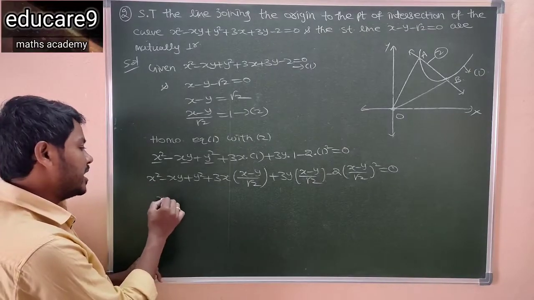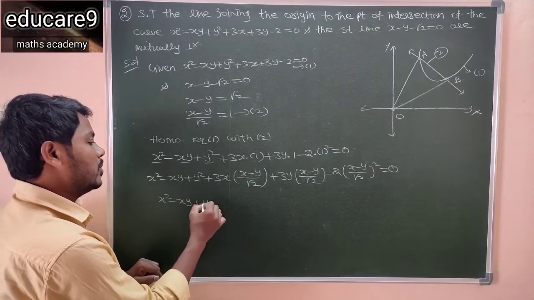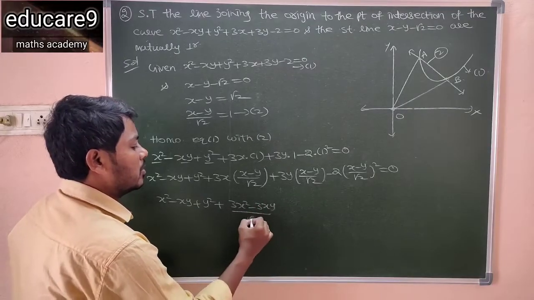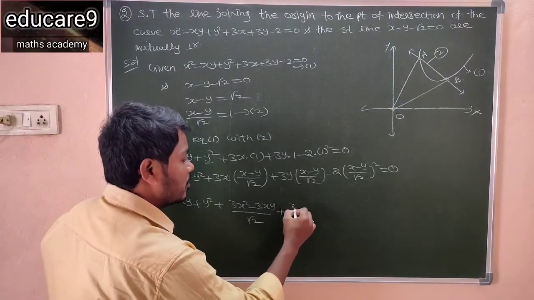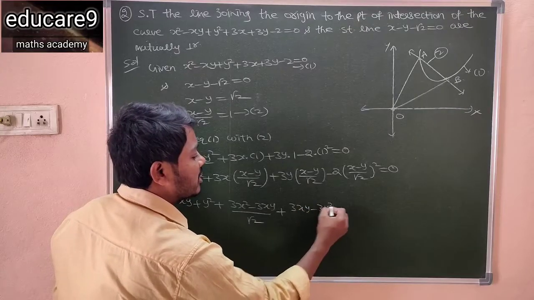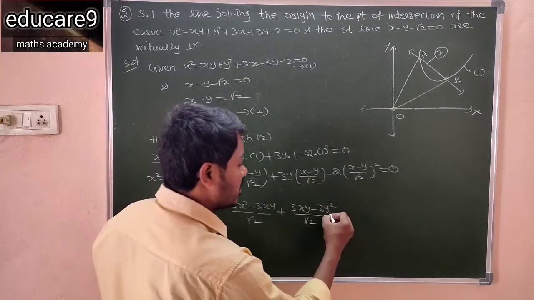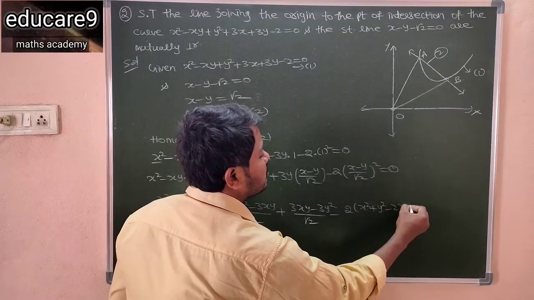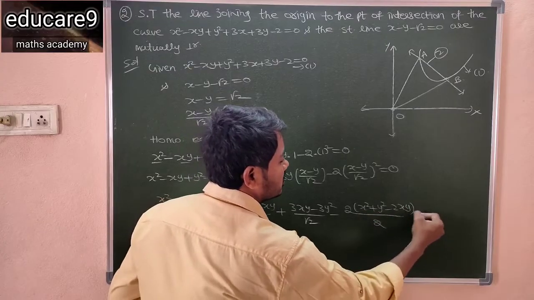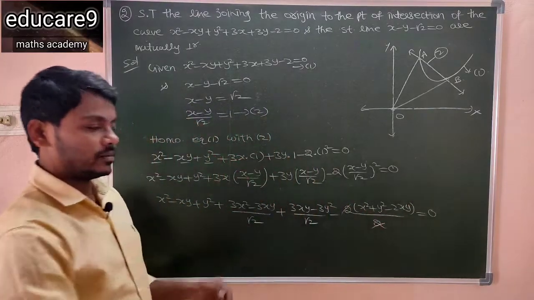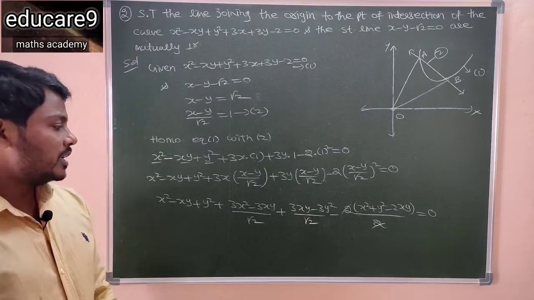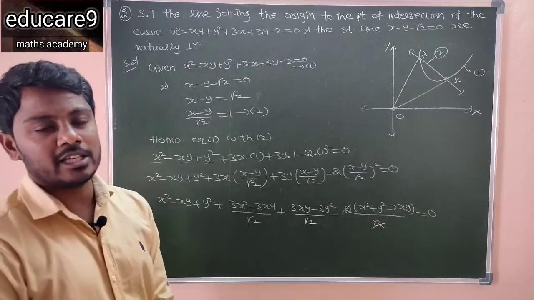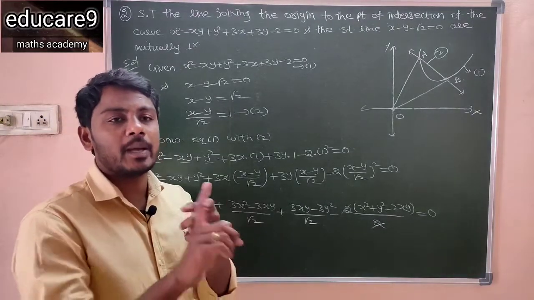So simplify this, what you get? x² − xy + y² + (3x² − 3xy)/√2 + (3xy − 3y²)/√2 − 2(x² + y² − 2xy)/2 = 0. The 2 gets cancelled. Now clearly, this is a second degree homogeneous equation. It represents two lines. So you need to show that the two lines are perpendicular.